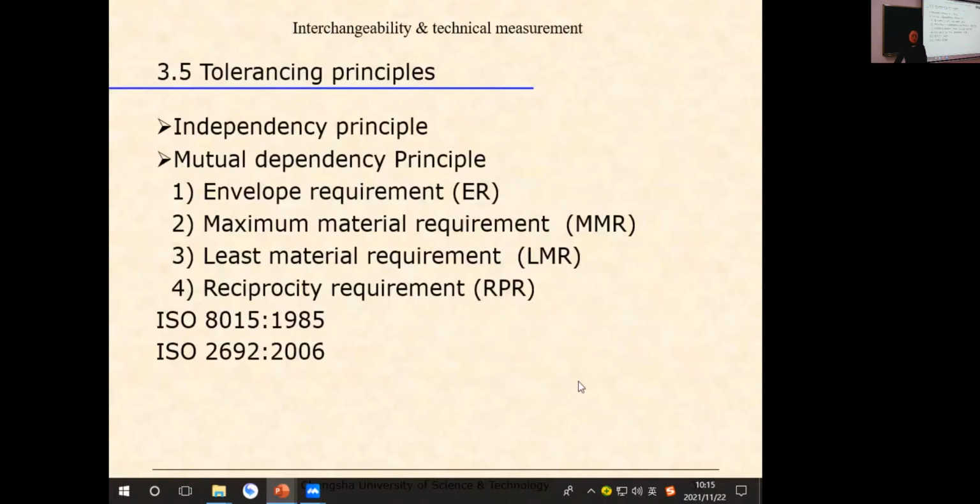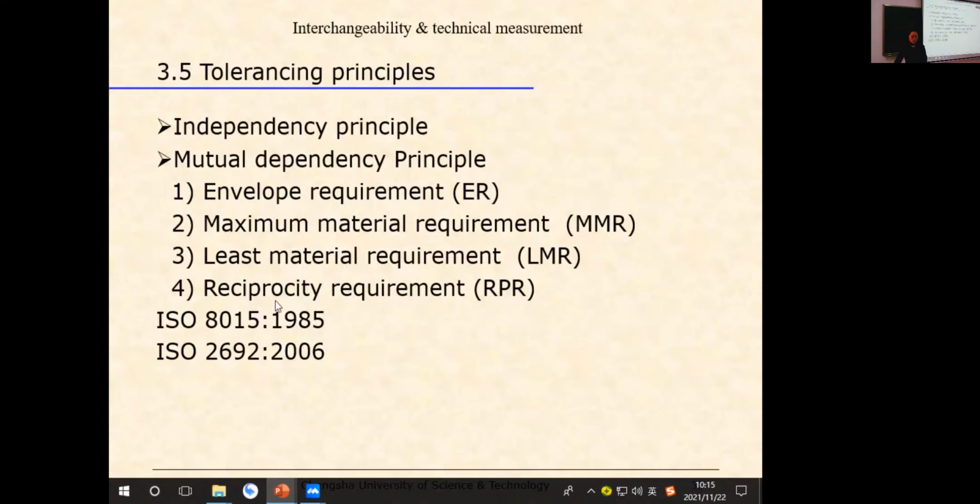So for the tolerance principle, mostly we use the independency principle. 90% is the independency principle, right? Like ABC, there's no relationship. But 10% maybe the material dependency principle, like the envelope requirement. The M is the maximum material requirement, MMR. The least material requirement, LMR.